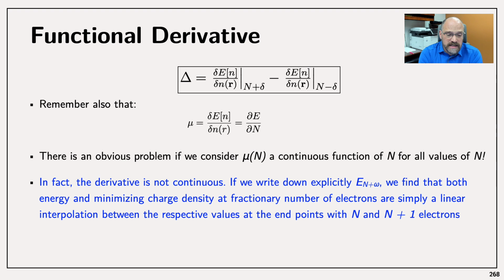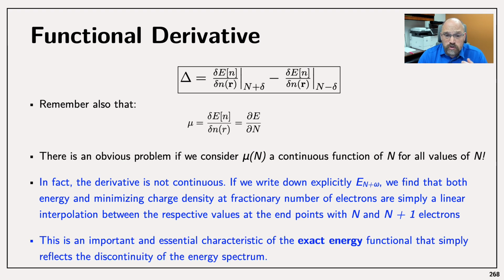It turns out that in an exact exchange correlation functional, the energy with respect to the number of electrons, in between those points of integer number of electrons, is actually linear. There's just a linear relationship, and I'll show you on the plot in a minute. Now, this is important because this property is true for the exact exchange correlation functional.